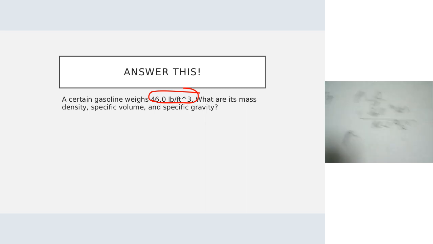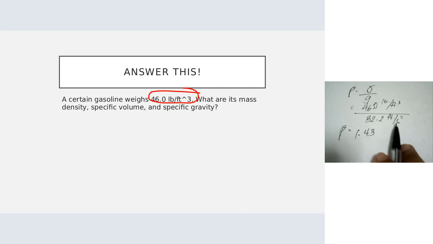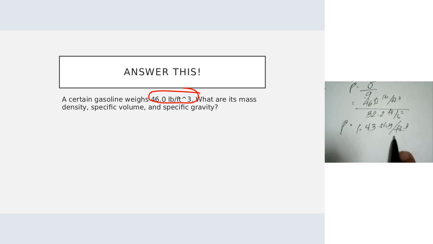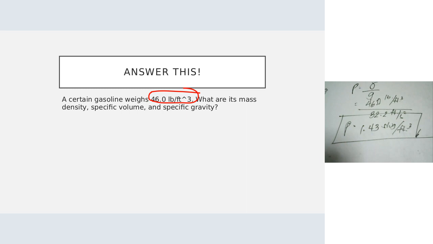So this will become what? 1.43. This feet per second squared will cancel the feet per second squared in the pounds unit. So this will become slug per cubic foot. So that's the mass density of the gasoline.